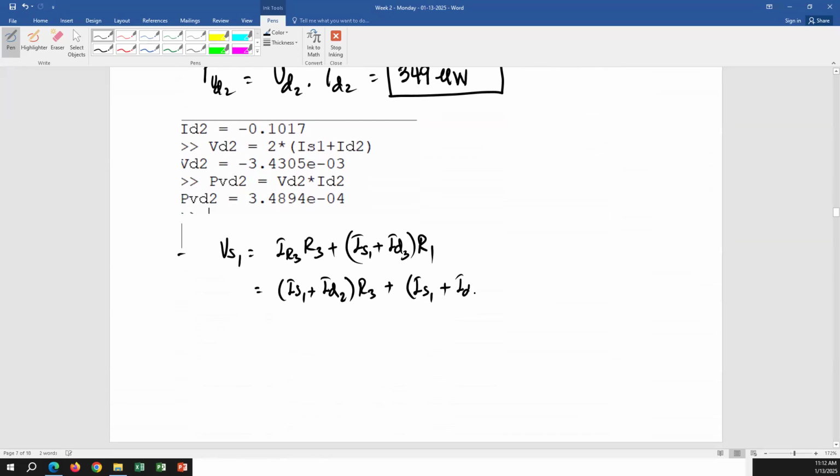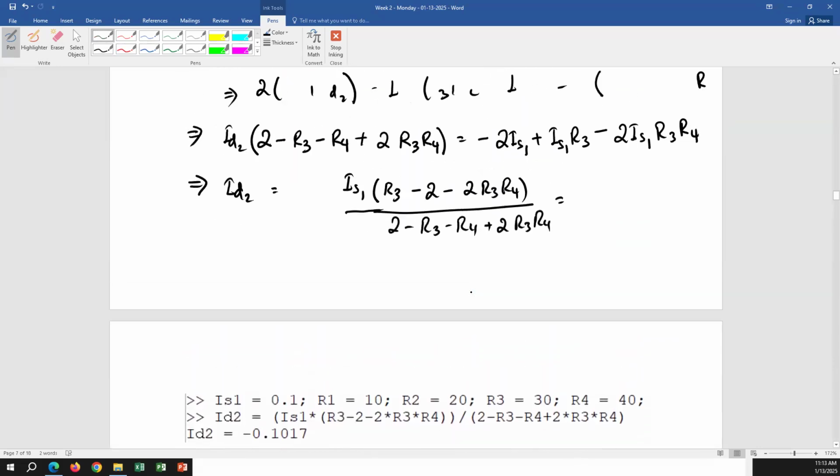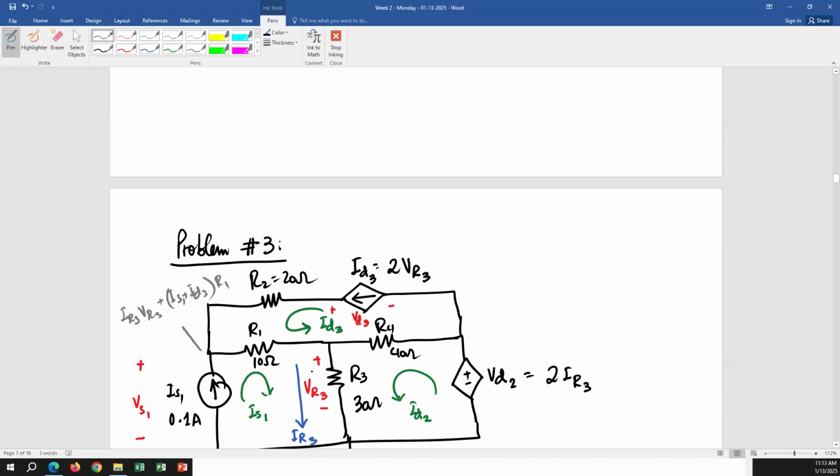So IS1 plus ID3 is 2 times VR3, and VR3 is IR3 times R3, and IR3 is IS1 plus ID2.